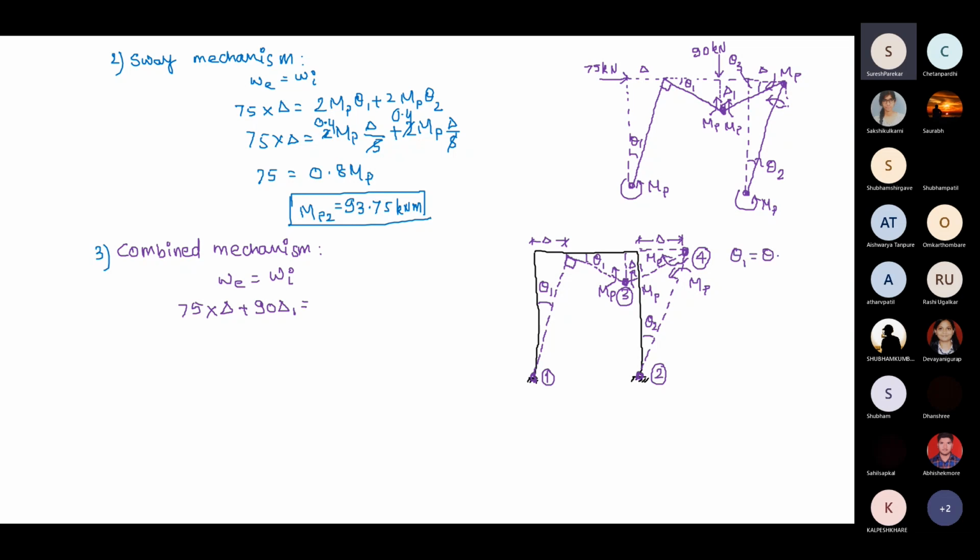θ1 is equal to θ2 is equal to delta by 5. Then we have another relationship. θ1 is equal to delta 1 by 2, which is equal to delta by 5. Because for θ1 we have delta by 5, from this we will get delta 1 is equal to 2 by 5 delta.